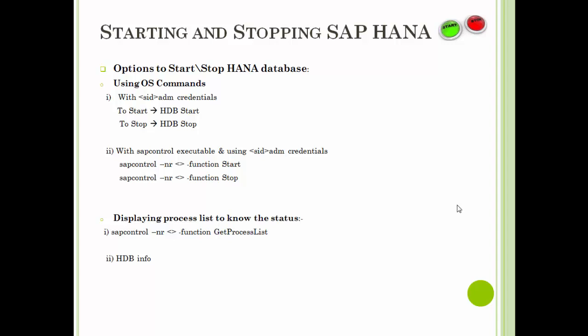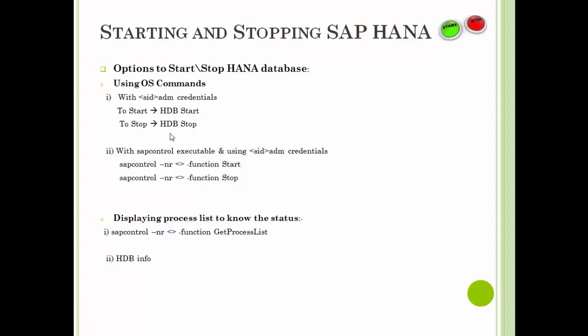There are multiple ways of executing stop and start of SAP HANA. Using OS commands is one option, and the second option would be to use HANA Studio. So coming to using OS commands, to start we use the HDB start command, to stop the HDB stop command.